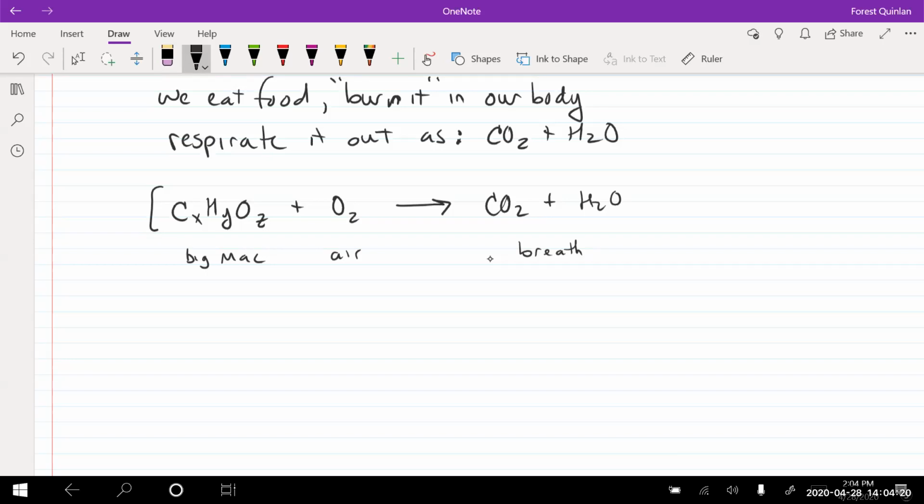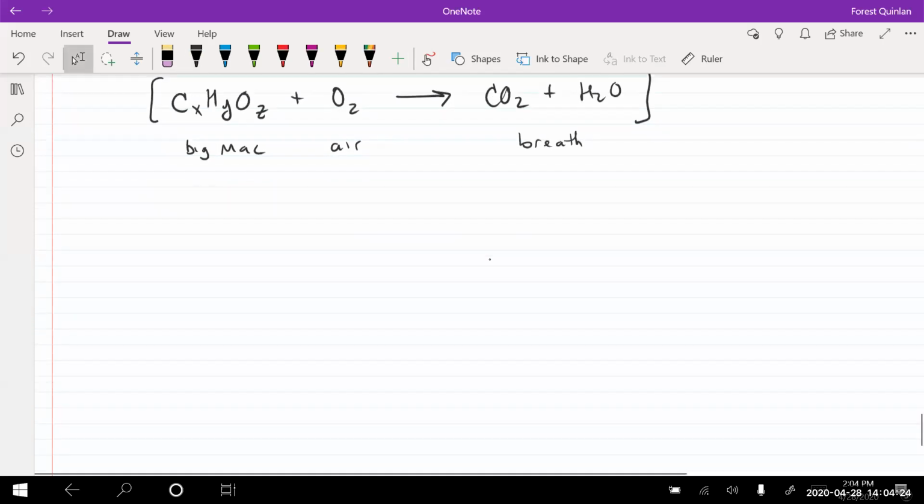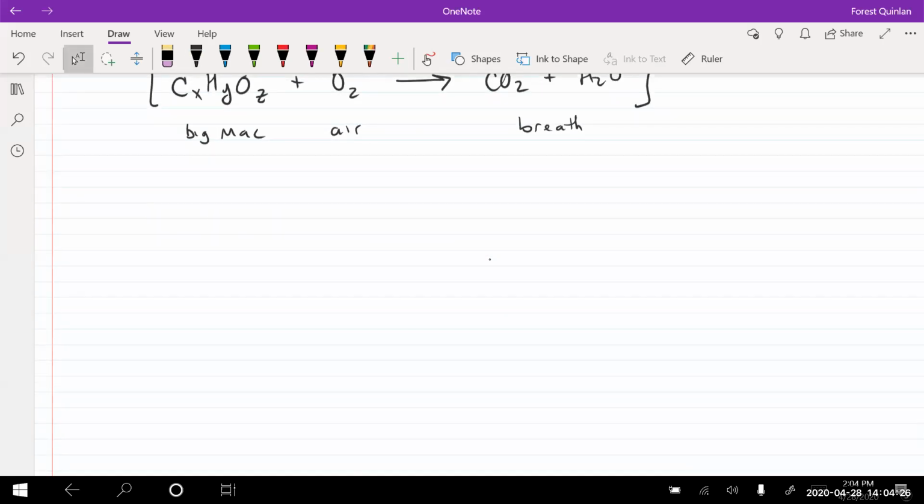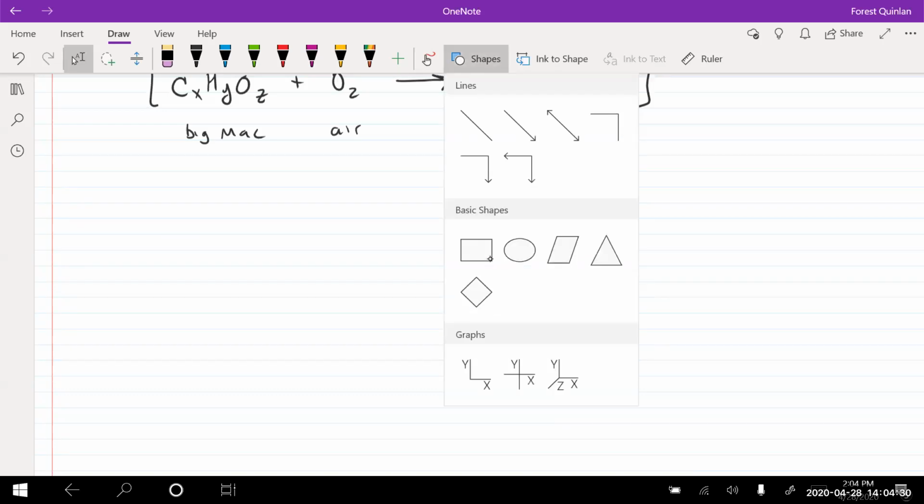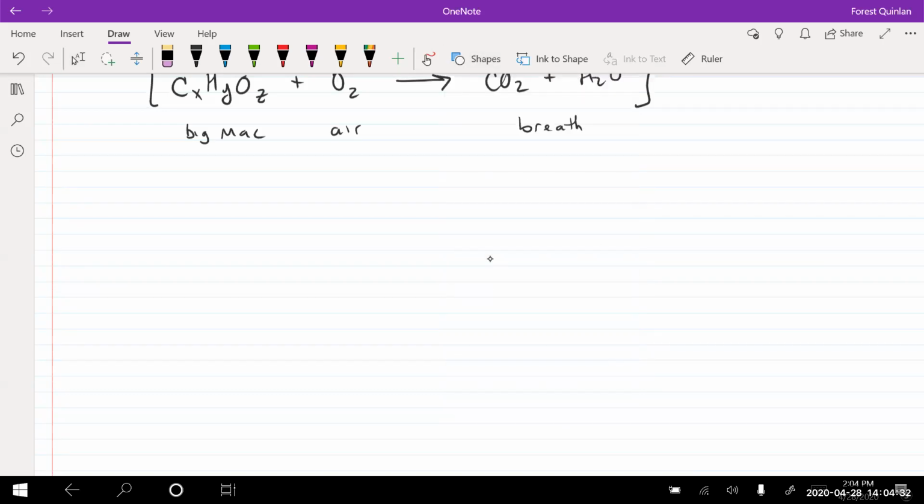Okay, so why is it called a bomb calorimeter? Check it out. I'm going to make a nice little drawing here. I'm going to freehand it. Let's see.